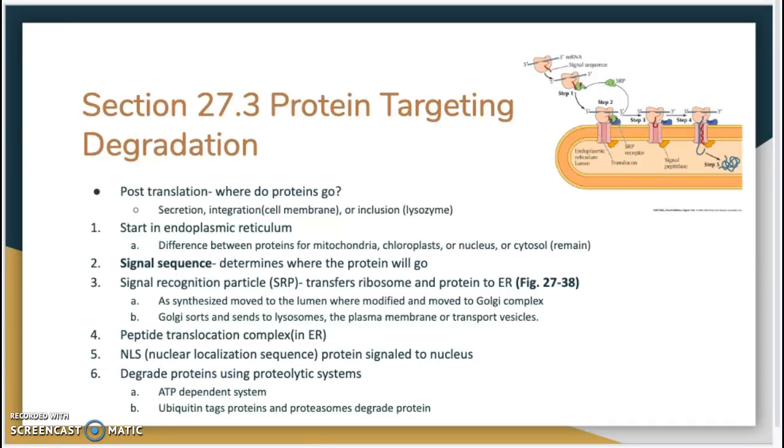There it will be modified and moved to the Golgi complex. From the Golgi complex, it can be sorted and then sent to lysosomes, the plasma membrane, or vesicles. And then eventually proteins can be degraded by proteolytic systems. Ubiquitin can tag the proteins, and then proteasomes can degrade the protein.